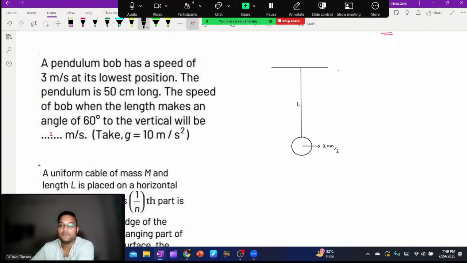The pendulum is 50 centimeter long, meaning 0.5 meter. They are asking for the speed of the bob when the length makes an angle of 60 degree with the vertical. In this situation, what is the speed of the bob?